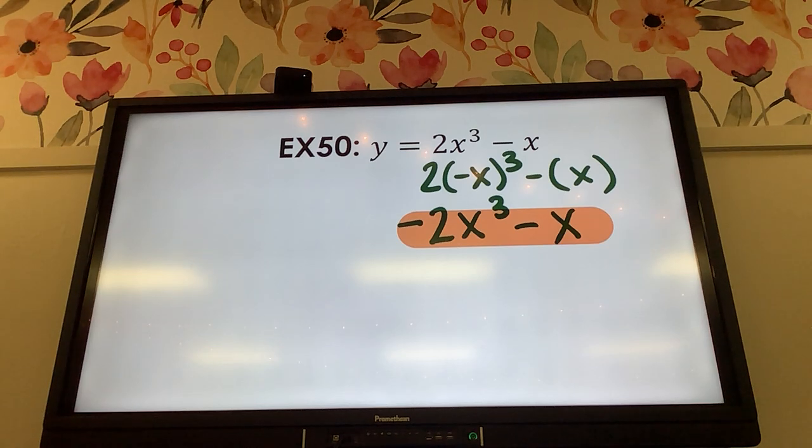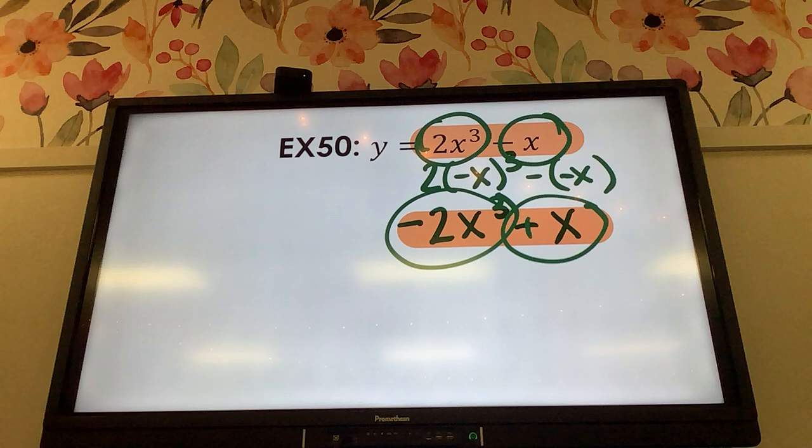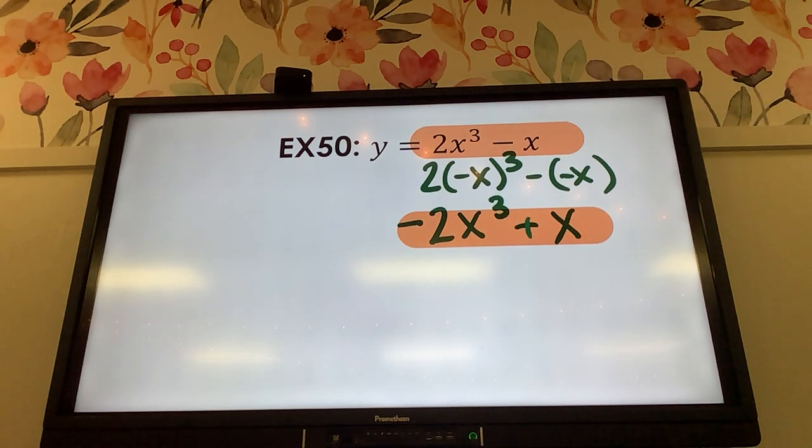So it would be a positive x? Negative times negative, yes, so positive, you're right. Thank you. So this one would be odd, because the x squared changes signs and this x will change signs. So every term will change signs. So we could say that this guy equals the negative version of y, and that's the rule for odds.